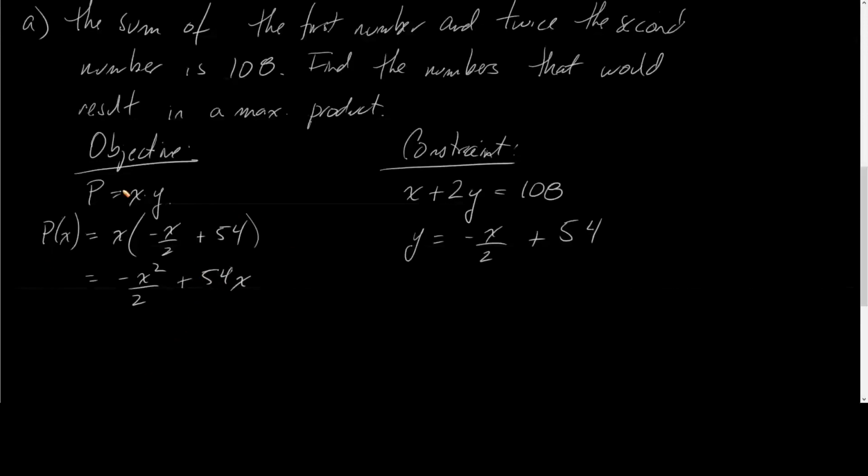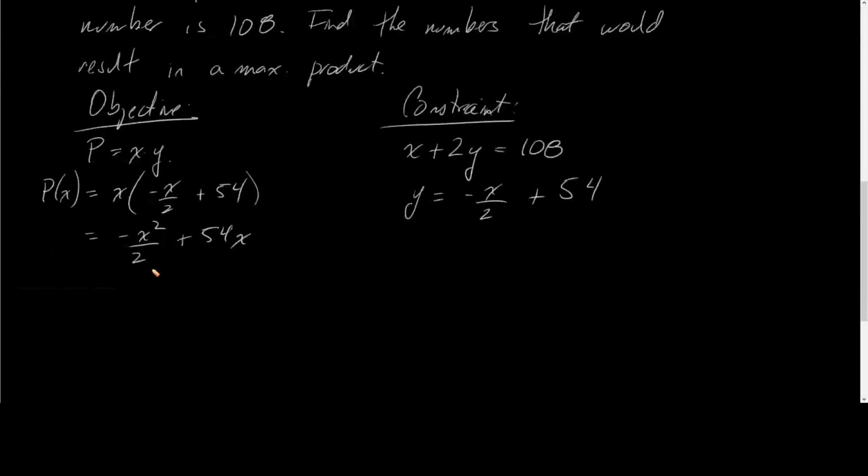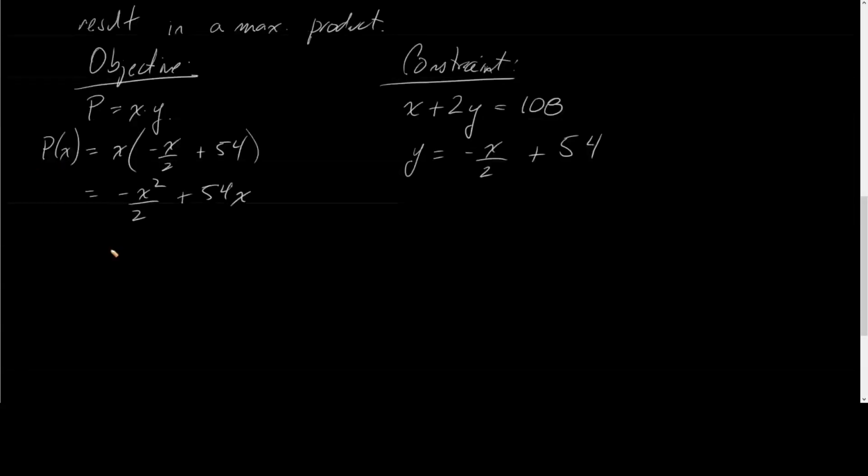Now I've got a product function in terms of just one variable instead of two. All right. So now that we've got that, we're trying to maximize that. So what we want to do here is take the derivative. And when we take the derivative, what do we get? I end up with negative x plus 54. And what we're trying to do here with the derivative is find a critical value.